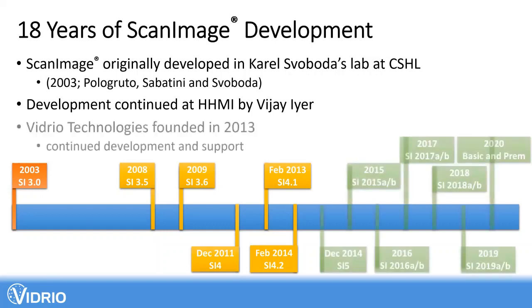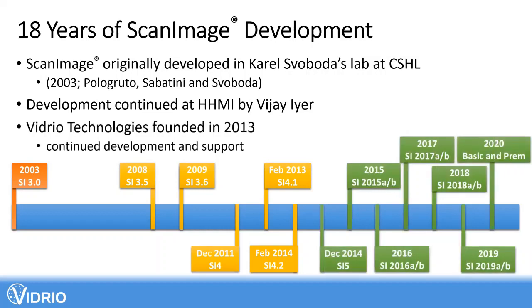So in December of 2014, the first application of the ScanImage variety was released that could do both linear and resonance scanning. It was called SI5, and that morphed into a full-featured version where we've had about 2 releases a year since 2015.